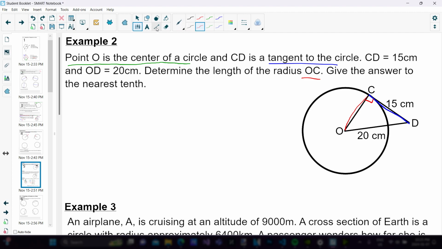So if you take that triangle out, it looks something like that, where the right angle is right there. This is 20, this is 15, and you're trying to find OC, so that's that side of the triangle.